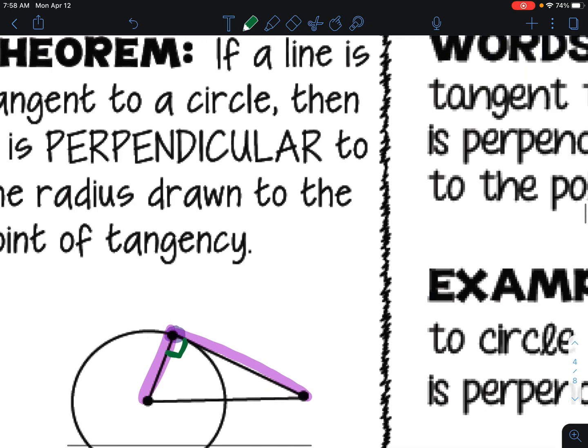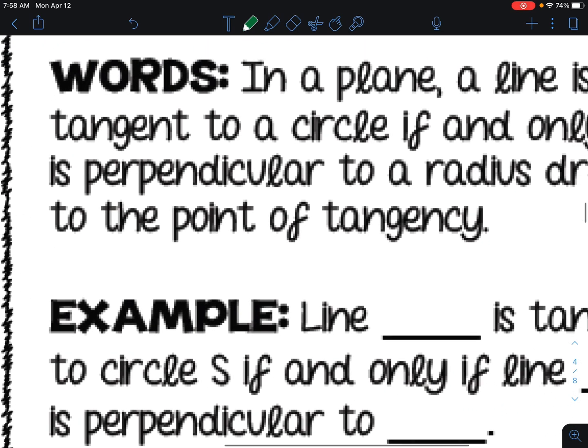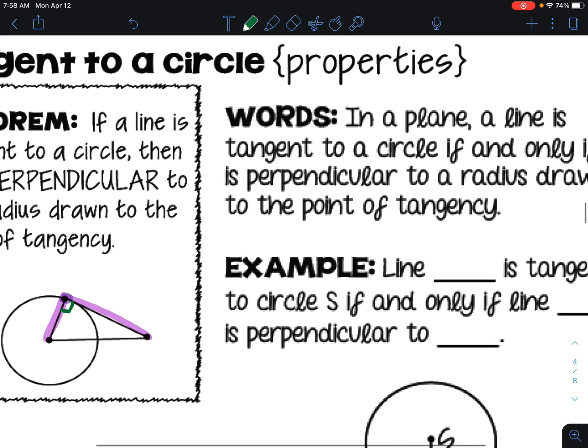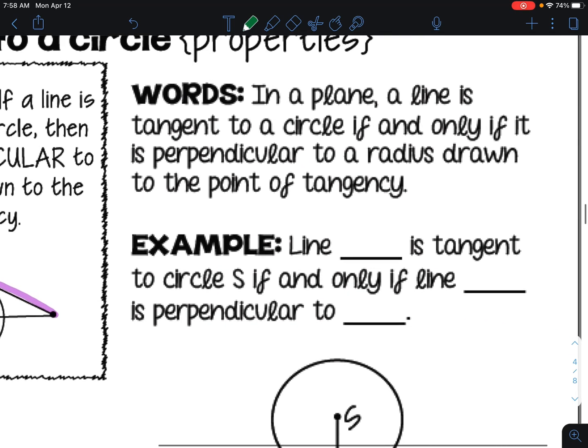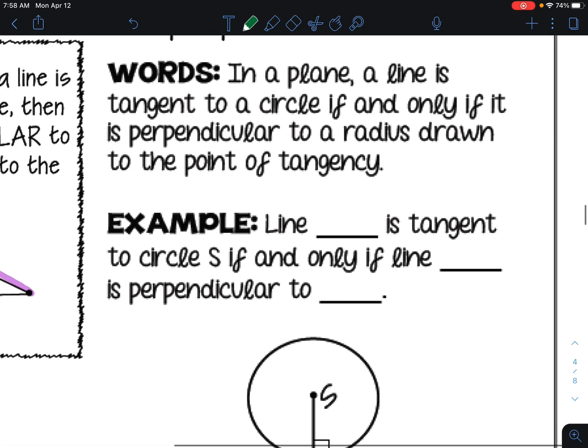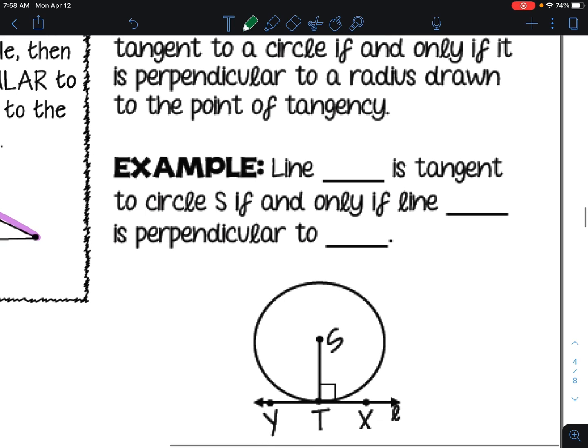All right. So we know that if it's tangent, it's perpendicular, right? Likewise, if it's perpendicular, then it's tangent. We're going to go there. So in words, a line is tangent to a circle if and only if it is perpendicular to a radius, right? So we have our picture down here, line L. You could use that little thing, or you could do Y, T, X, any combination of those points, and call it a line.